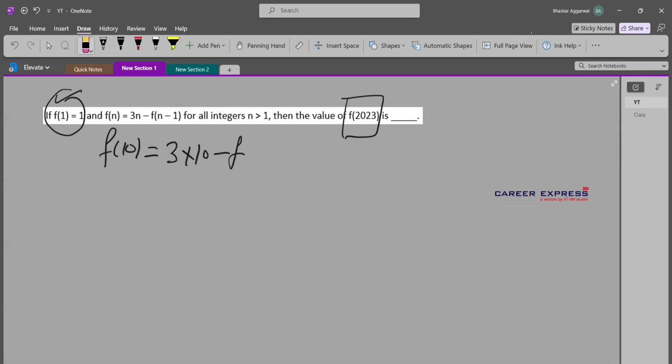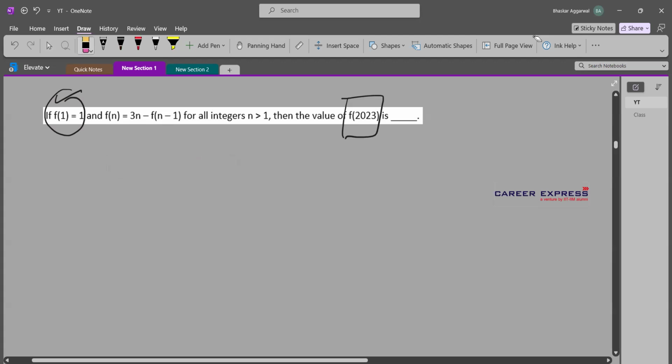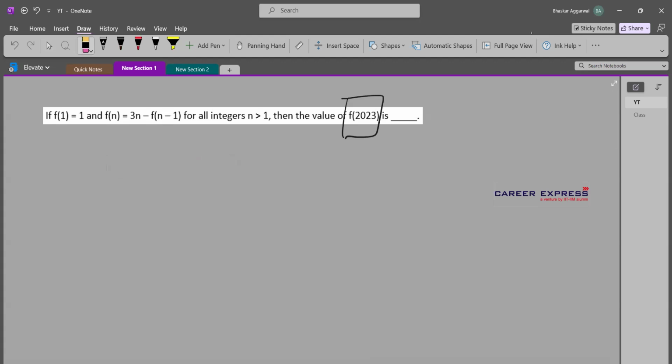N minus 1 is 10 minus 1, so f9. So if you want to know the value of f10, you will have to know the value of f9. Or in other words, if you know the value of f9, you can get the value of f10. So here we are only given the value of f1. That means we have to reduce it till f1.